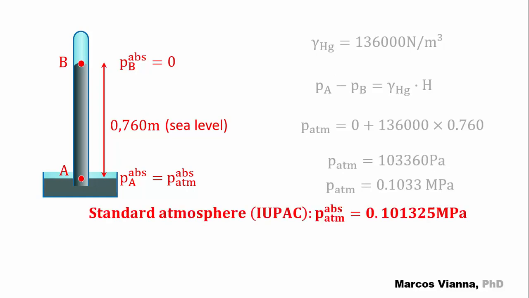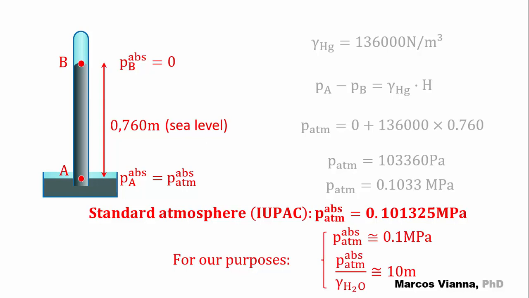Just for your information, IUPAC, which is short for International Union of Pure and Applied Chemistry, has established the standard atmosphere equal to 101,325 pascals. But for our purposes, we say that at the sea level, the absolute atmospheric pressure is equal to 0.1 megapascals, which is equivalent to 10 meters of water column.